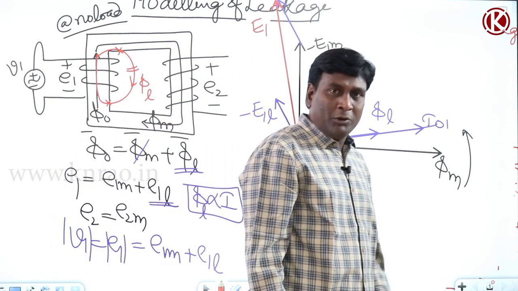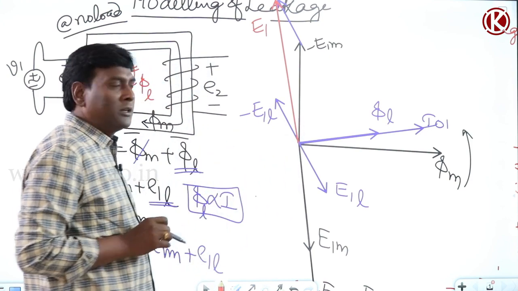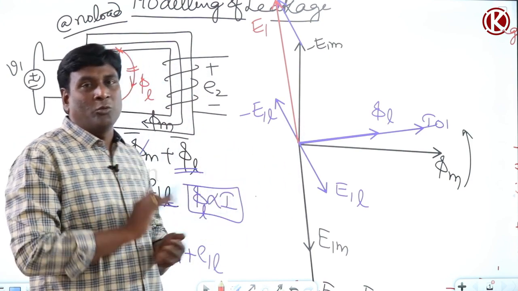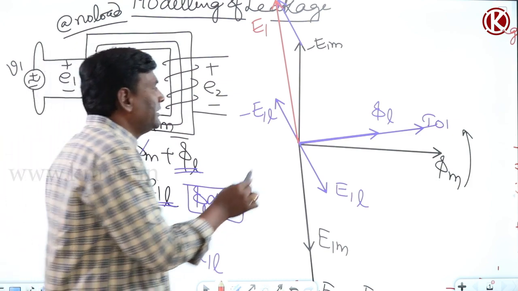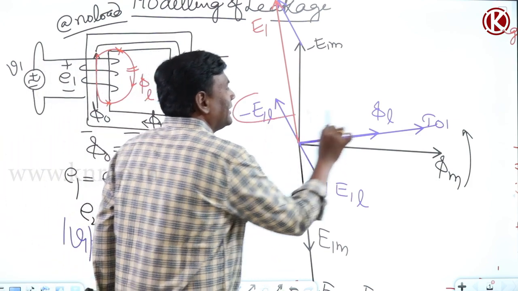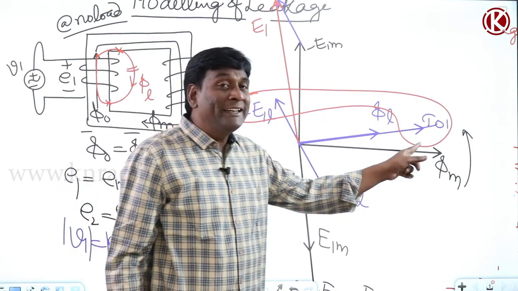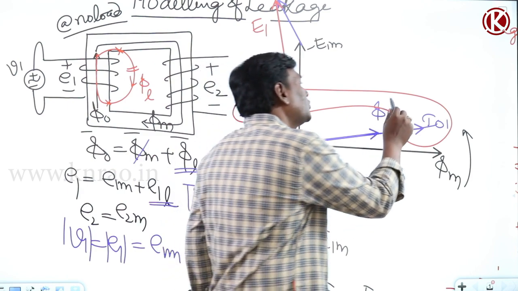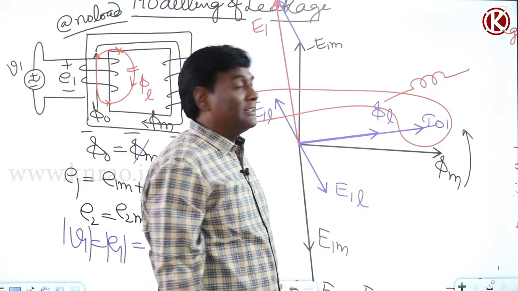Now some people wonder by which property we have to model this. Then automatically you will understand. If you think of voltage here, current here, with respect to voltage, current is lagging behind. So I should model this with inductance. Is it linear inductance or non-linear inductance?